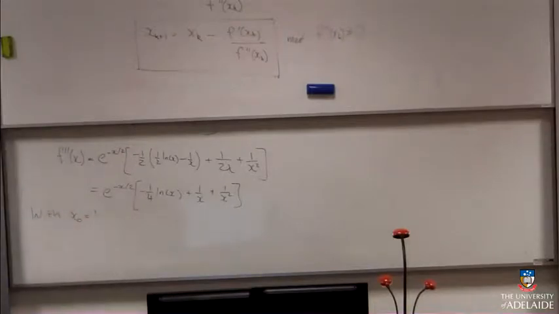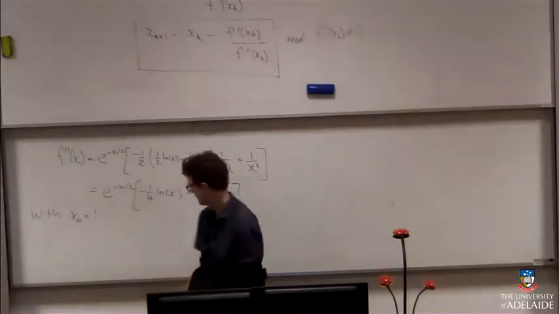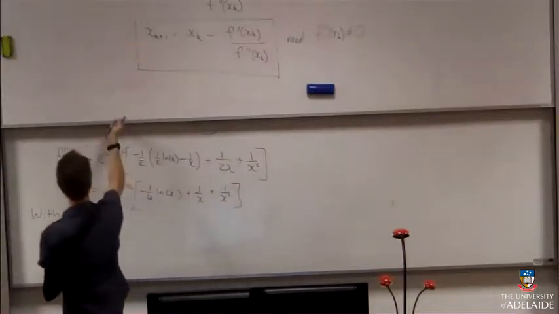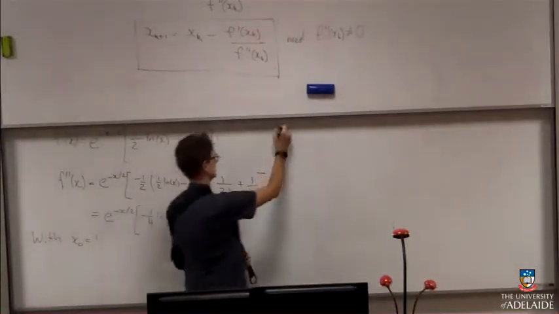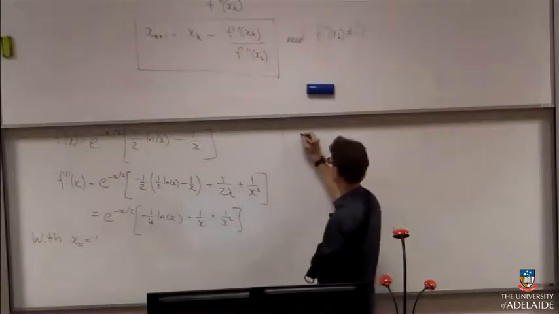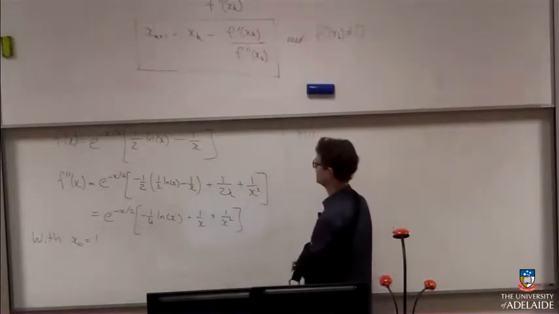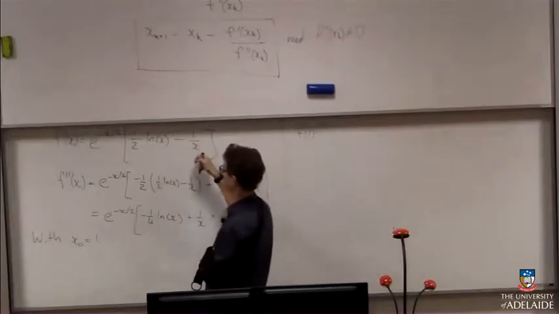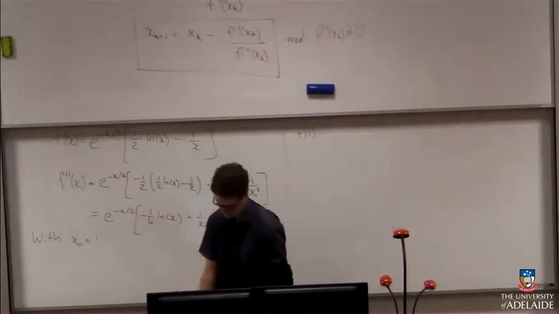So once I have those, it's just a matter of plugging in, right? So I need to evaluate the first and second derivatives. Let's come over here. So f prime of 1, that's going to be 0, that's going to be 1, that's going to be e to the negative a half.